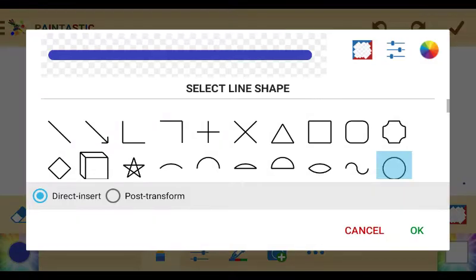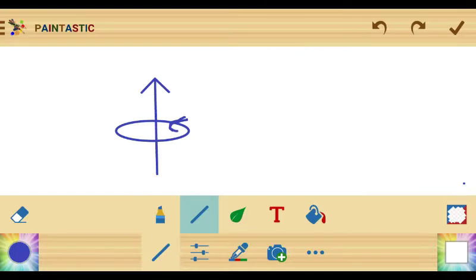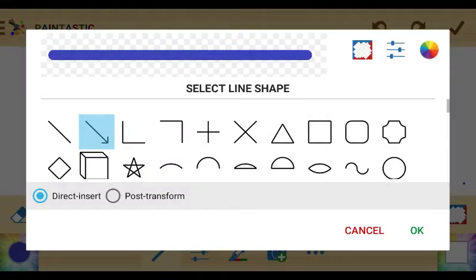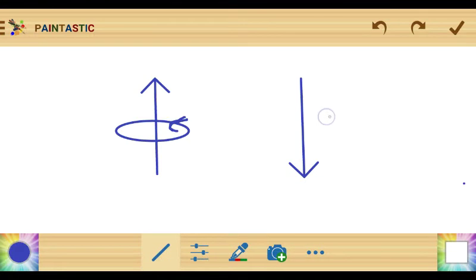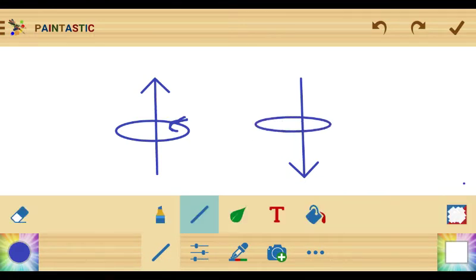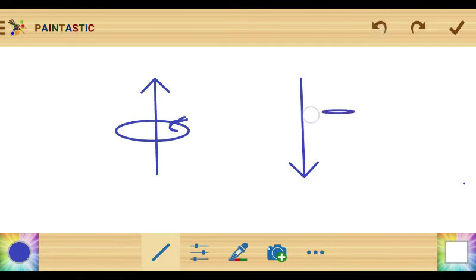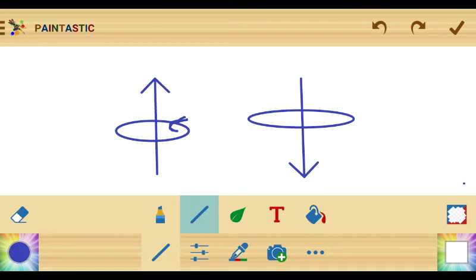And in the second case, if the direction of current is downward, then the direction of magnetic field is clockwise.